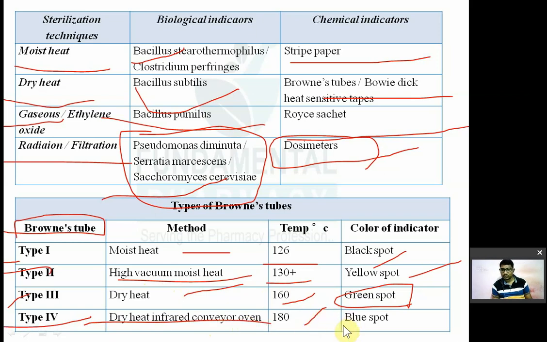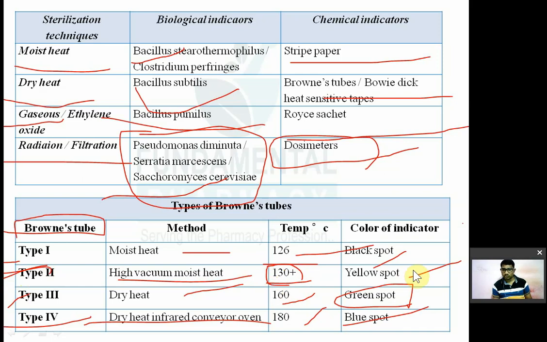तो ये याद रखो, ब्राउनिश ट्यूब के टाइप्स और उसके कलर इंडिकेटर। Brownish tube type 1 is used for the validation of moist heat. When temperature goes to 126, it will show a black spot. Type 2 is used for high vacuum moist heat, when temperature goes 130 plus, it will show a yellow spot.